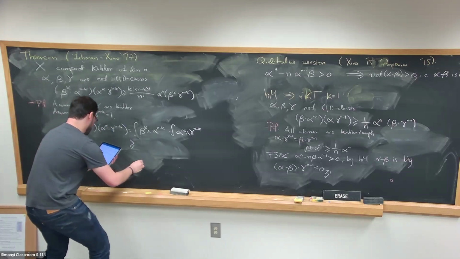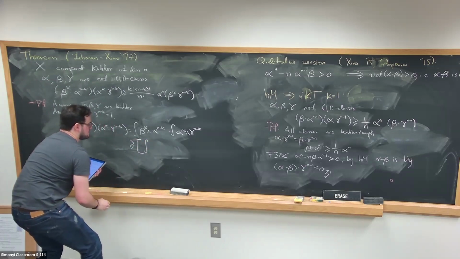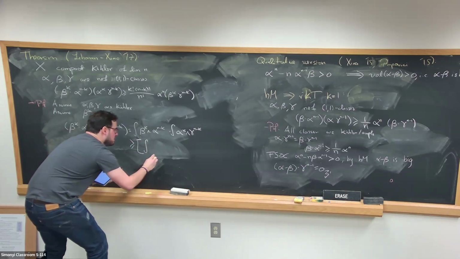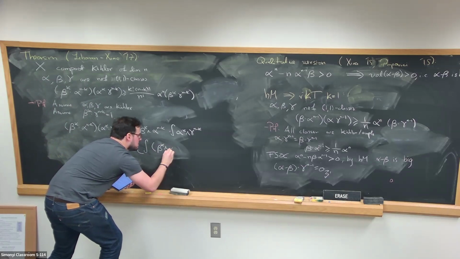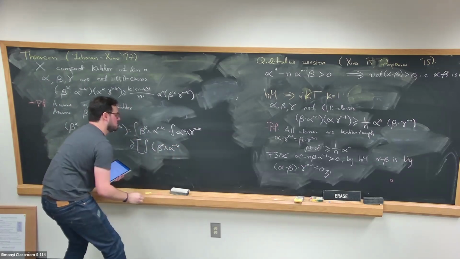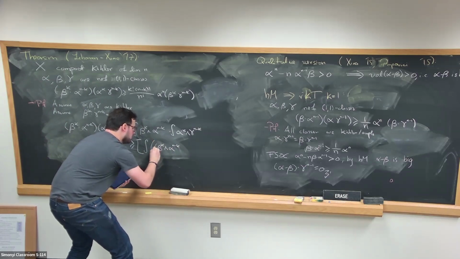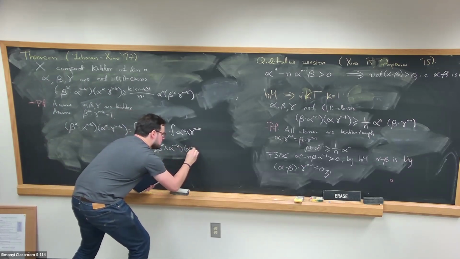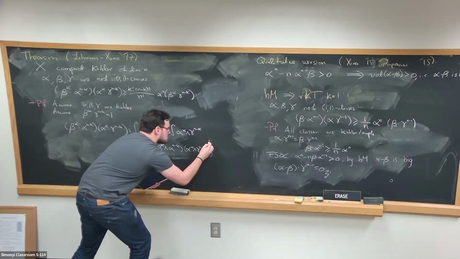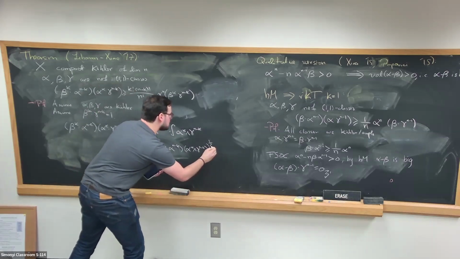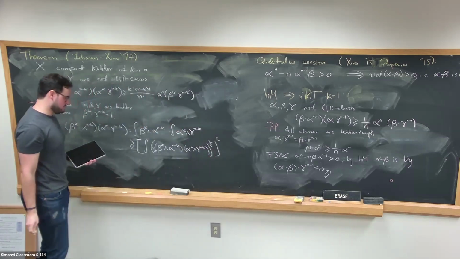And so this is, just by usual Cauchy-Schwarz, bigger than or equal to the integral of beta to the k, this whole thing, the square root of this square.